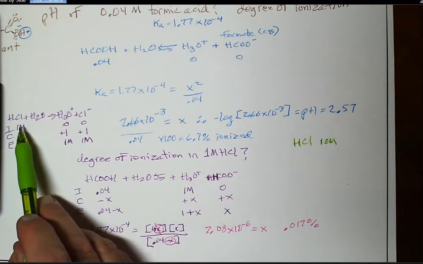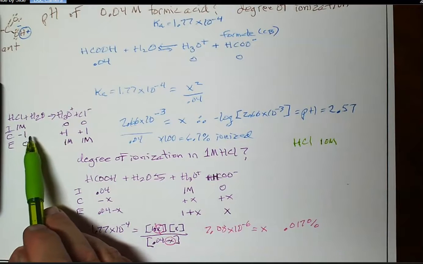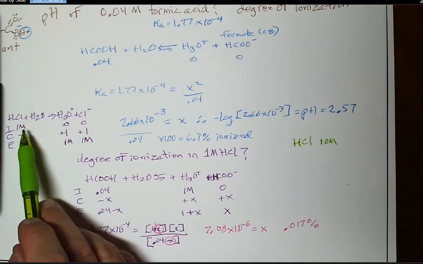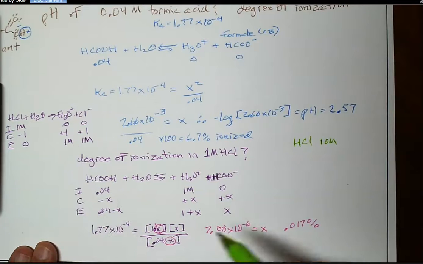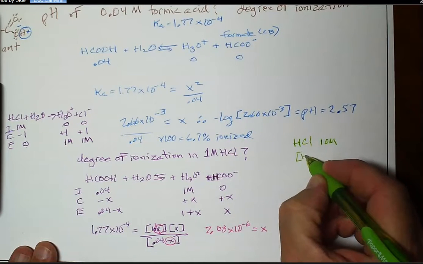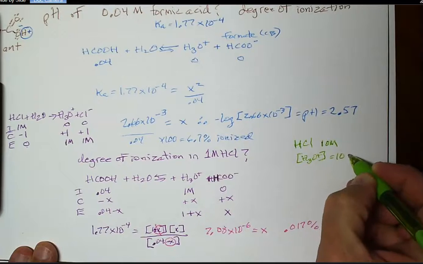If this is a 10, all of it ionizes so that there's 0 left. If it ionizes completely, right? If it's 10 molar, how much hydronium will there be? The hydronium would be 10 molar. Hydronium ion concentration equals 10 molar.